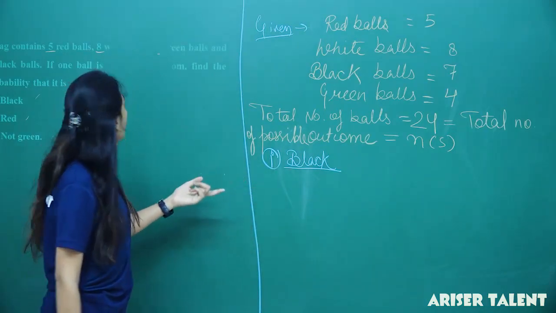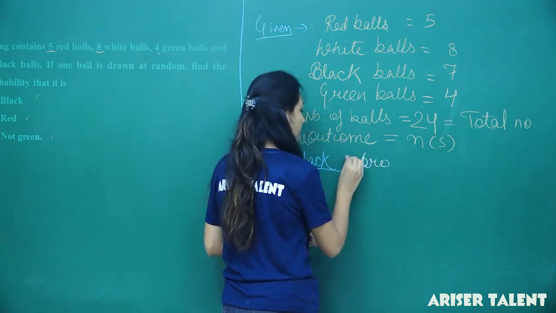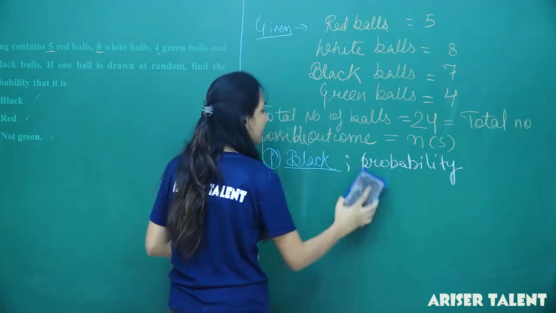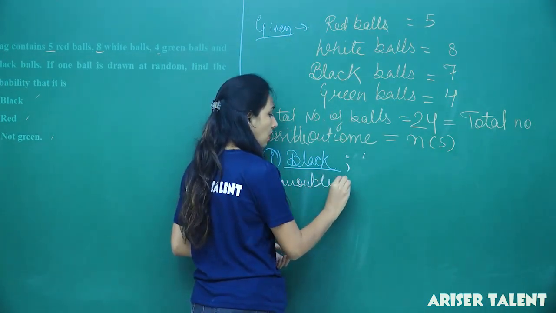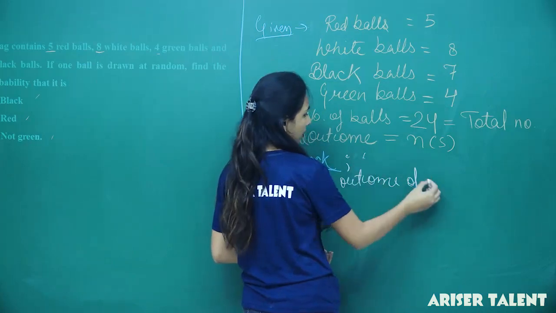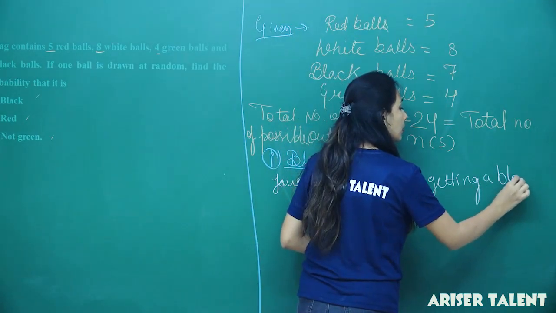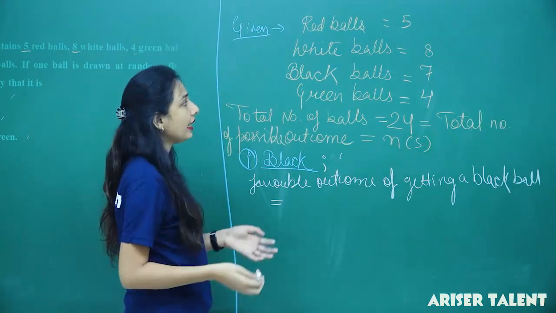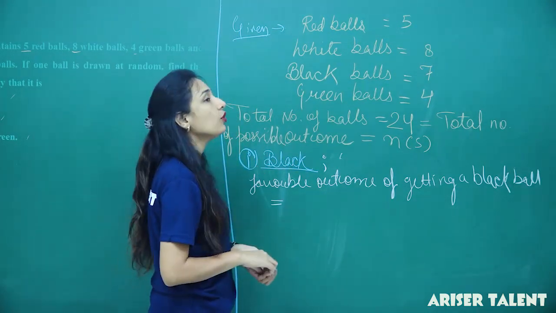What I have asked, that probability of, or we can say favorable outcome of getting a black ball is equals to, we are having these 24 number of total balls and in that 24, total number of black balls are 7.